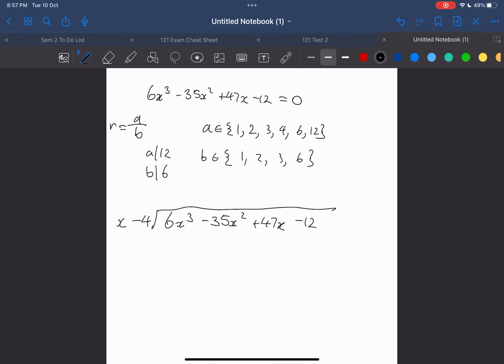Maybe I should have explained it earlier. So we have that a is one of these, b is one of these, and then you can put a negative sign in front as well. So you choose one of these for a. Let's say we choose 2, and then for b we choose 3. So 2 over 3 is.